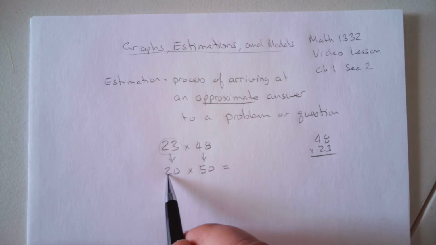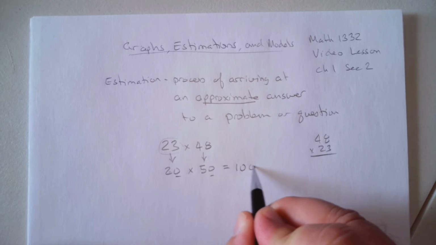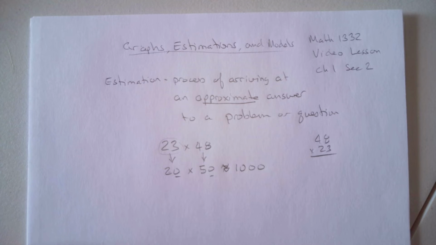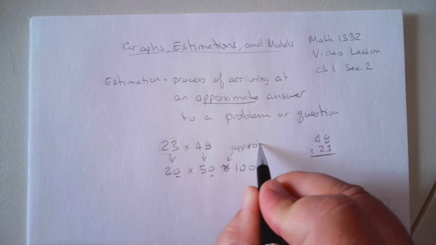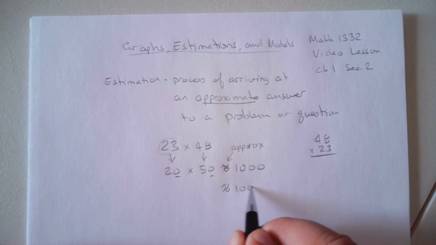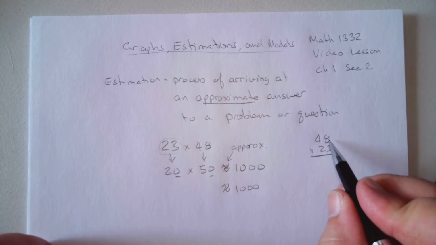So 5 times 2 is 10, and we have 2 extra zeros behind there. So our answer is approximately, that's what those squiggly lines mean. Whenever you see those squiggly lines, it's an approximation. It's approximately 1,000.